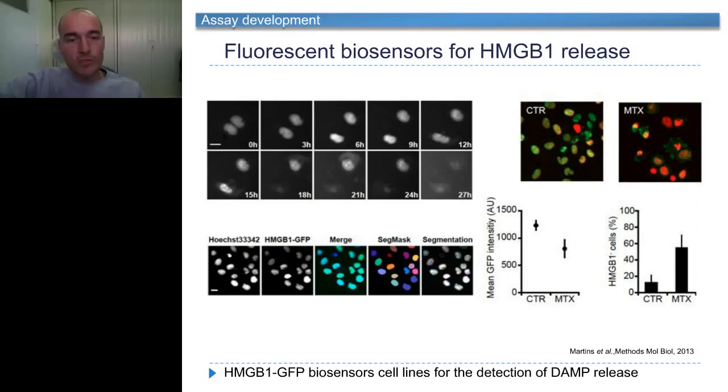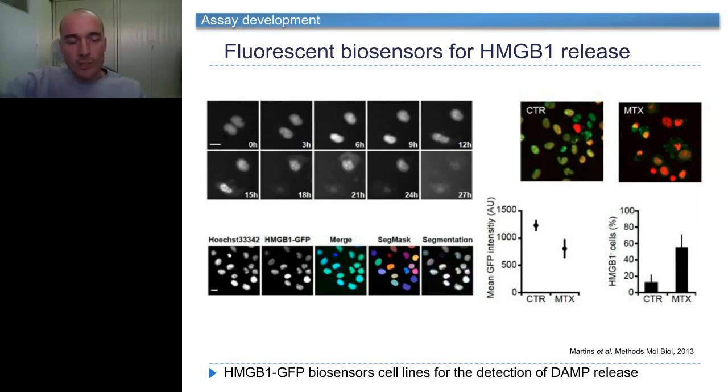And what you can see is that the HMGB1, upon treatment with mitoxantrone, which is one of the prototype immunogenic cell death inducers that we use in the lab, moves from its nuclear location. It's a two-step process, so it moves from its nuclear location first to the cytoplasm of the cells, and then later on it's completely released into the surrounding of the cells.